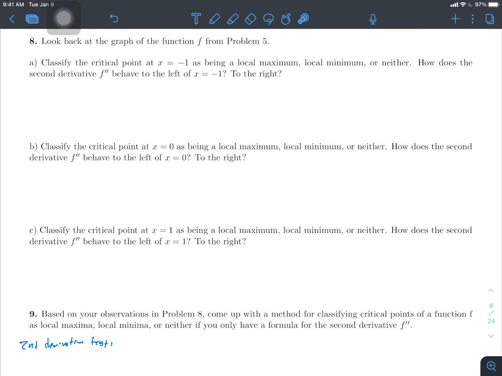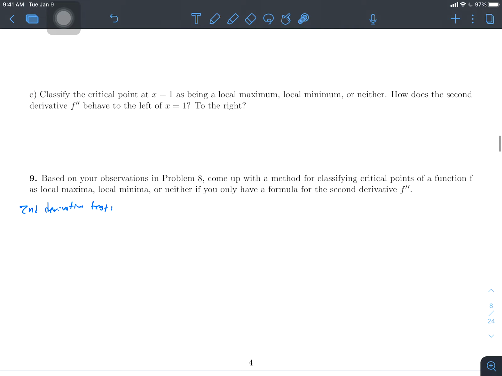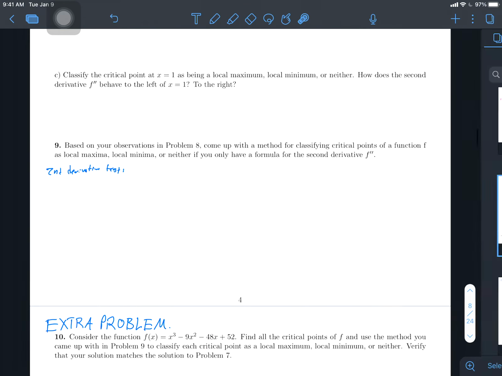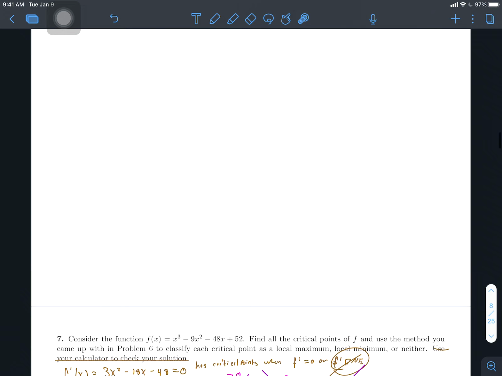We're going to ask ourselves what is happening to the second derivative when we are close to each of these points. So let's check what is the concavity of the function to the left and to the right of the point that we are interested in. So let me add a page so that I can paste that and we can observe what's happening.